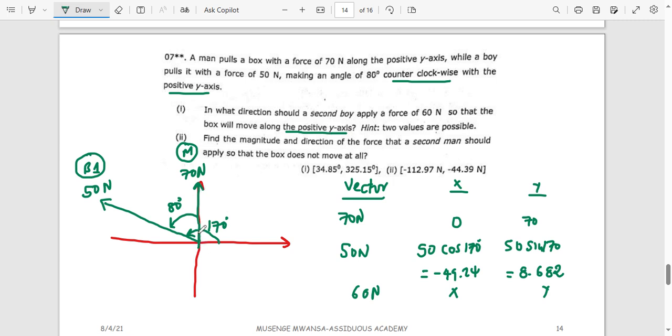If it moves along the positive y-axis, the first thing is you can find the direction already.